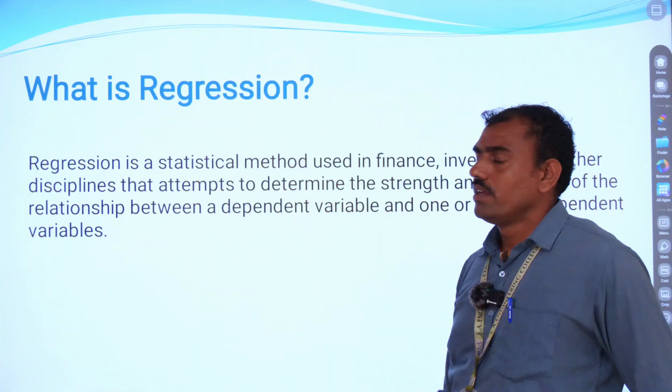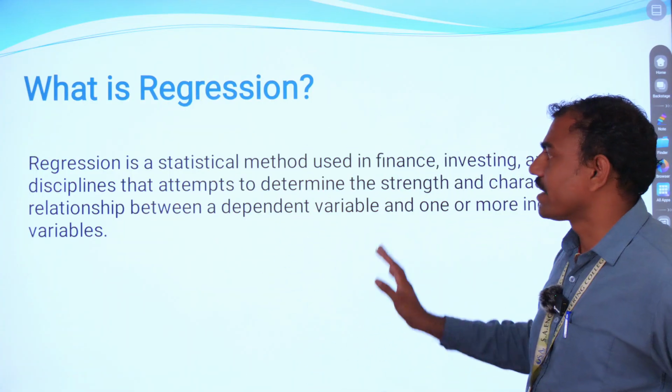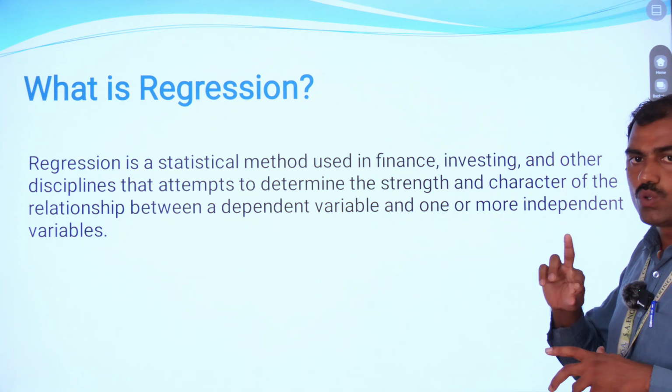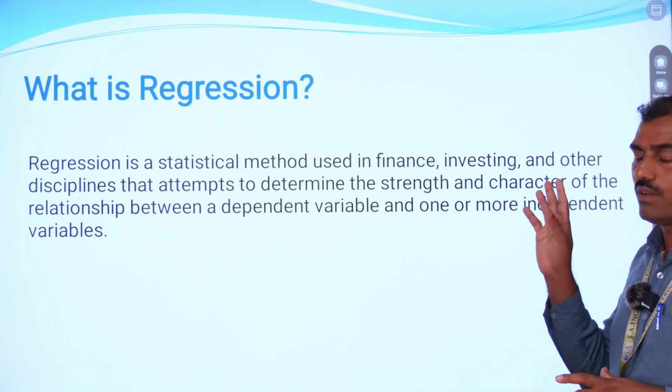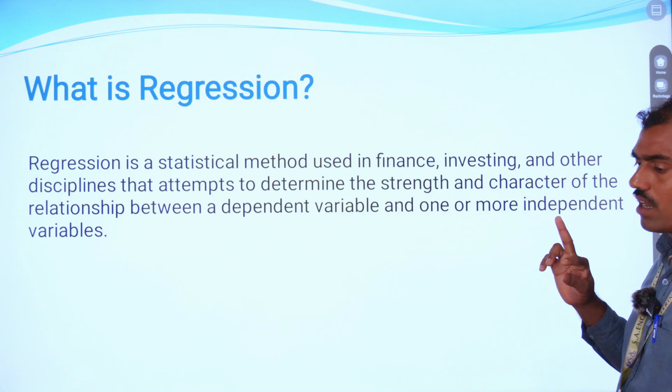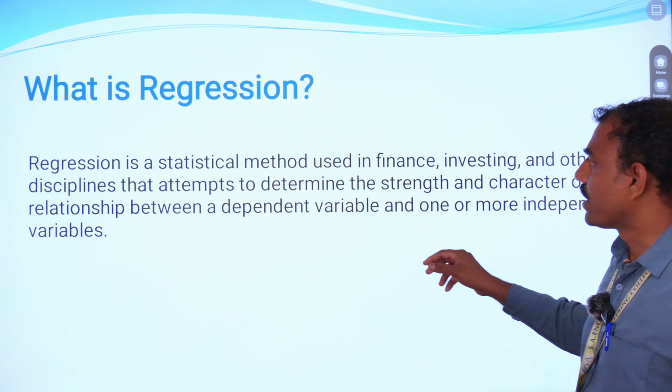So next one, regression. So what is regression? Correlation means the relation between the two variables x and y. Here x and y are not both equal.